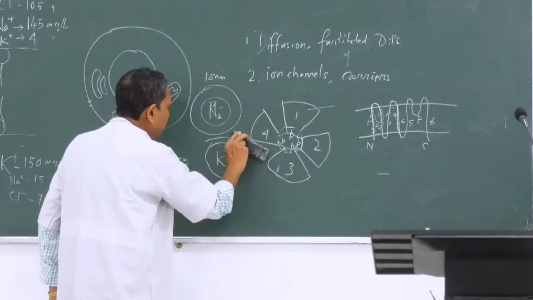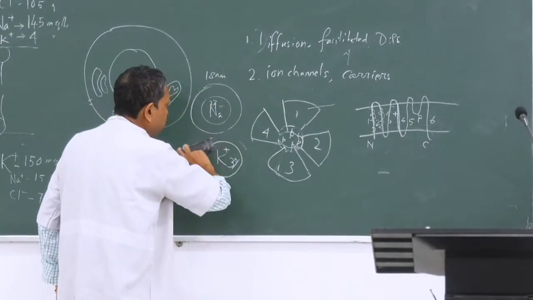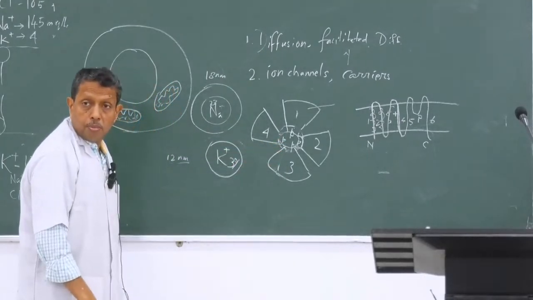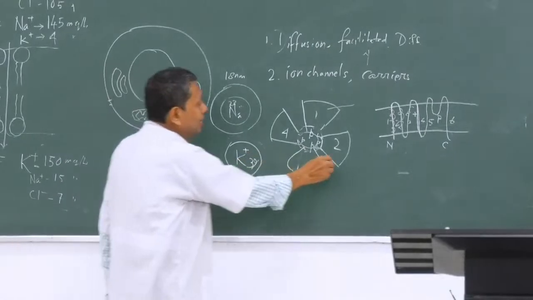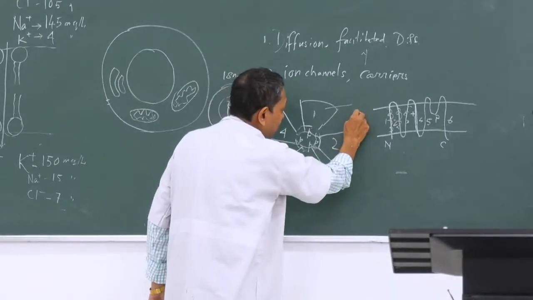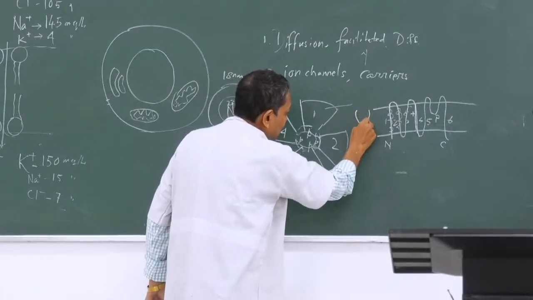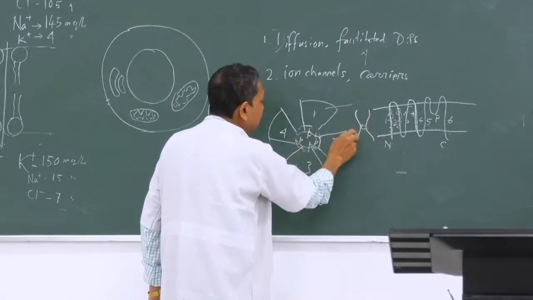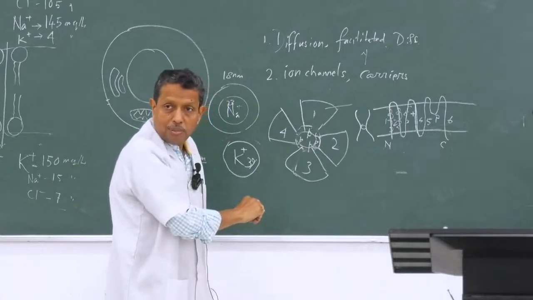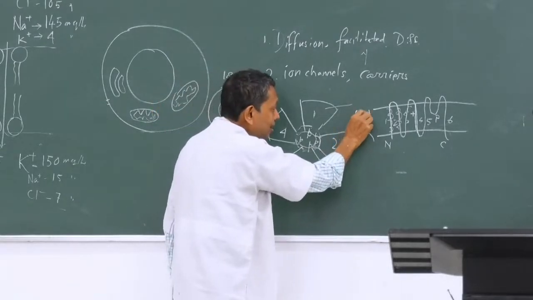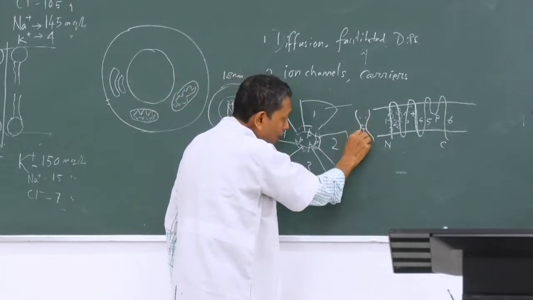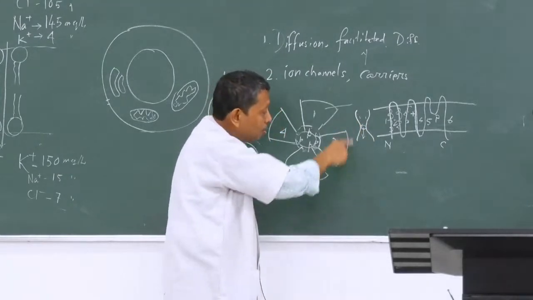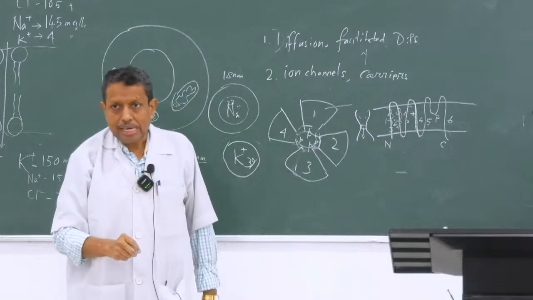Suppose the hydrated form is reduced or absent when it is going through the pore, and suppose the pore size is flask-shaped. Through this, the dehydrated potassium ion, with waters liberated in this way, can pass, and they will accommodate in such a way that it becomes theoretically possible.